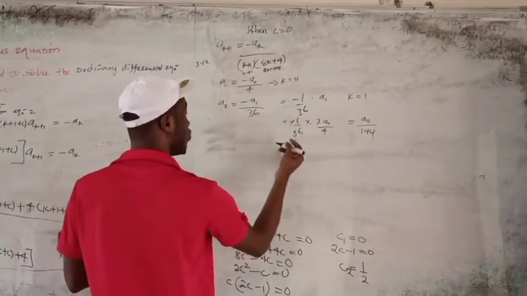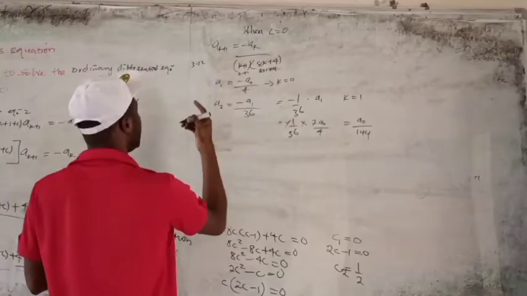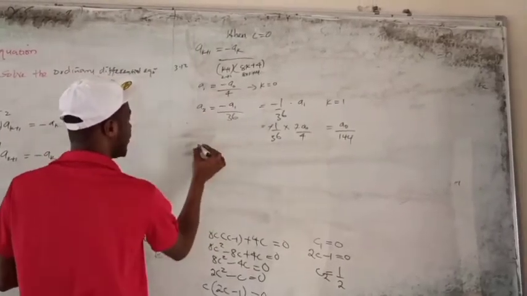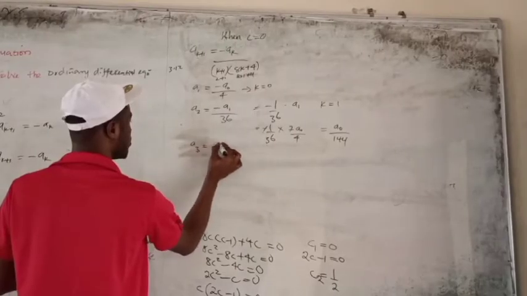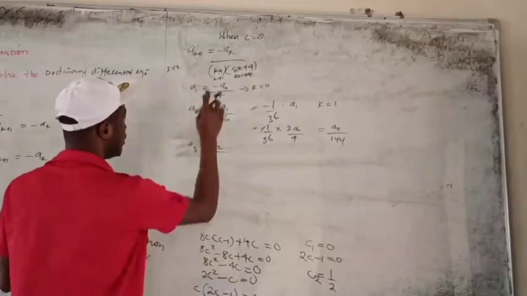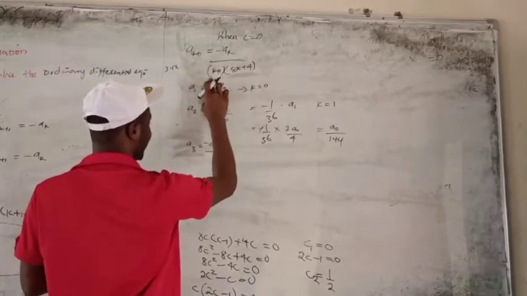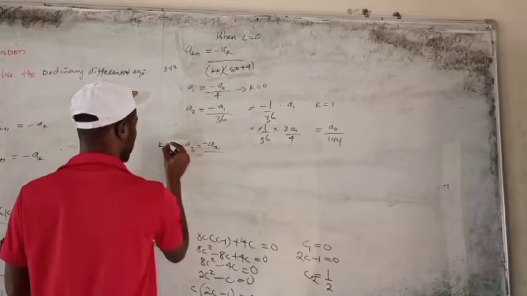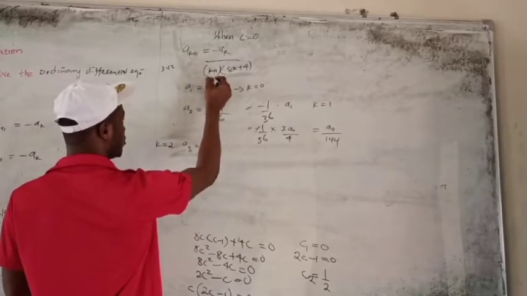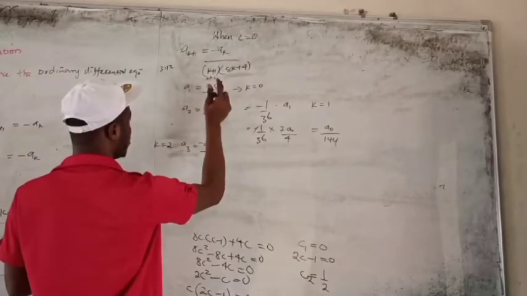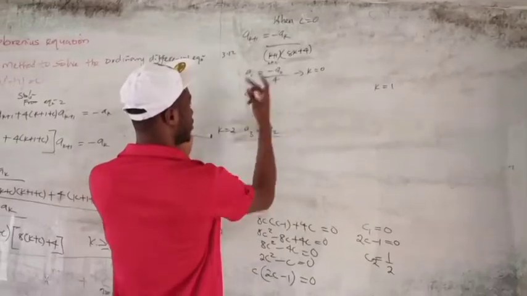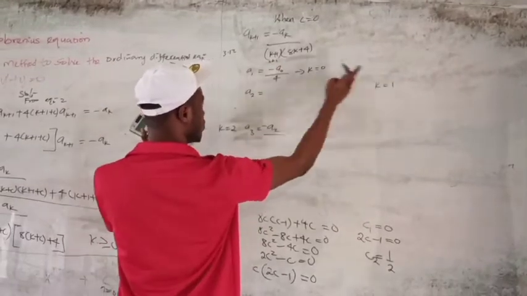So let's do for k equals 2. If k is equal to 2, I have a3. a3 is equal to a2 minus a2 divided by... sorry, I said when k is equal to 1.